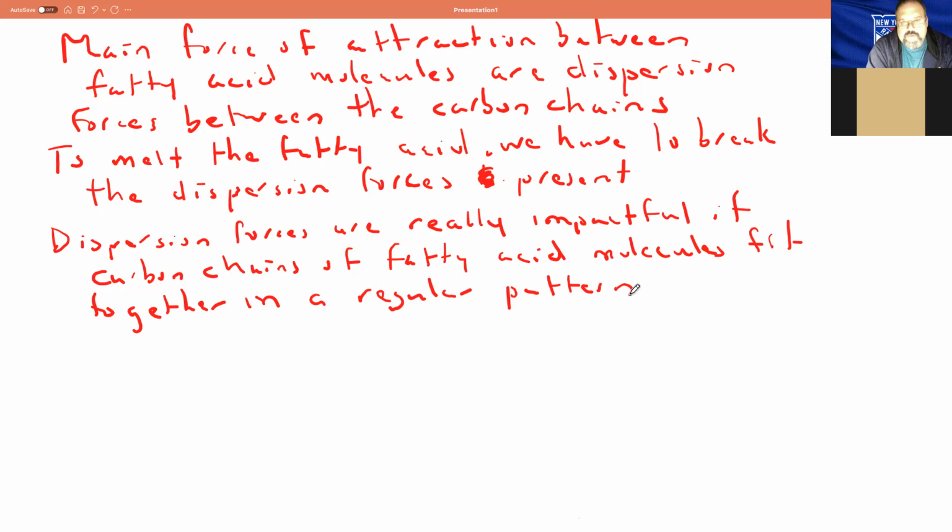And that really is what you see in saturated fatty acids. If you go back and look at the textbook, they show you the picture of the saturated fatty acid molecules like Pringles potato chips, where they stack one on top of the other, on top of the other. Because the saturated fatty acid molecules are able to fit together in that regular pattern, dispersion forces are really able to be present between the carbon chains.